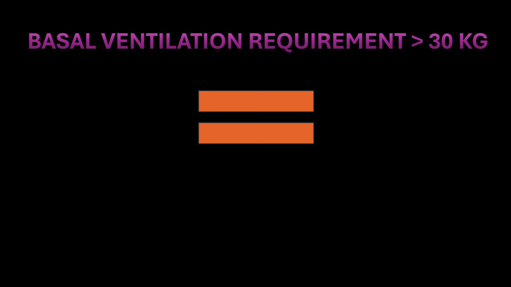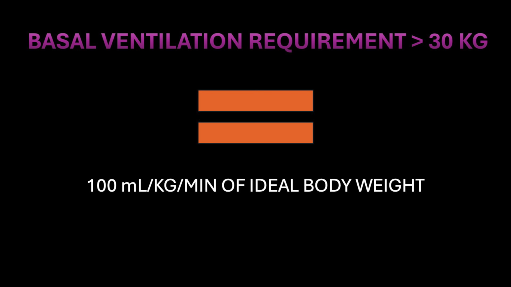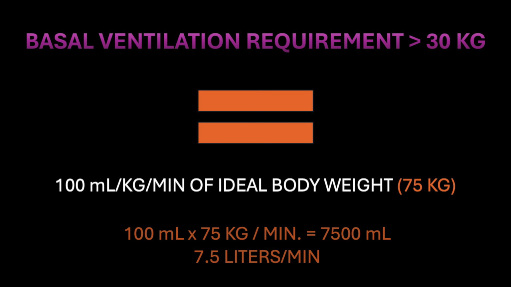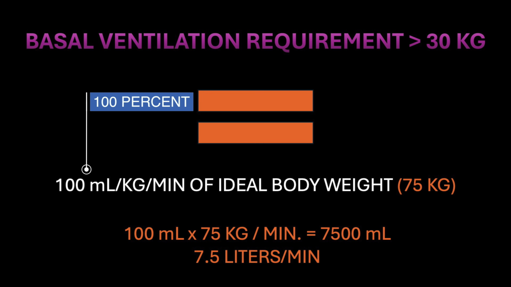For patients over 30 kilograms, the basal ventilation requirement is 100 milliliters per minute per kilogram of ideal body weight. For example, if the patient has an ideal body weight of 75 kilograms, with the percent minute volume set to 100%, ASV creates a target minute ventilation of 7.5 liters a minute.